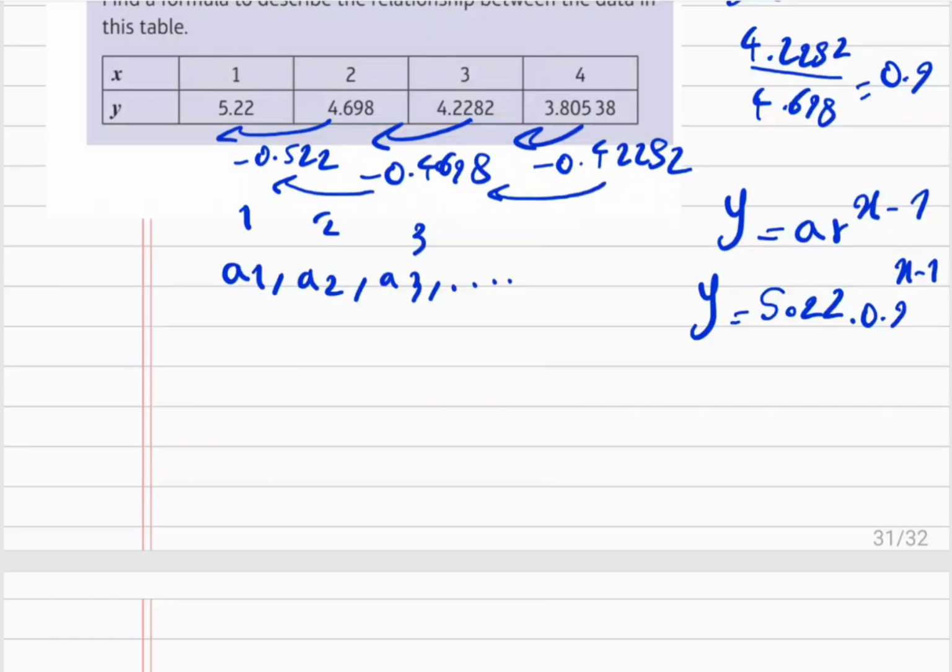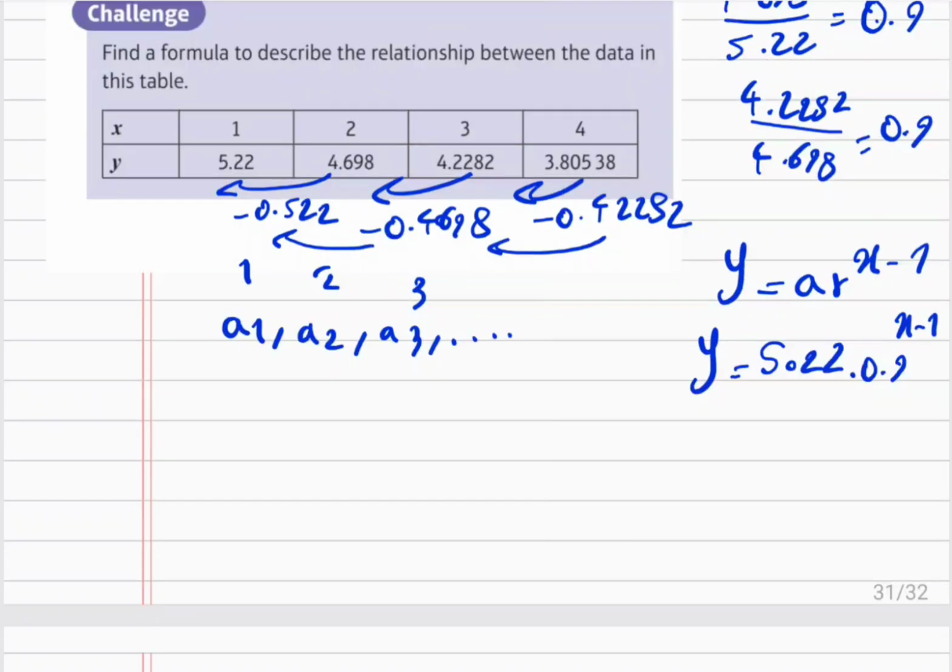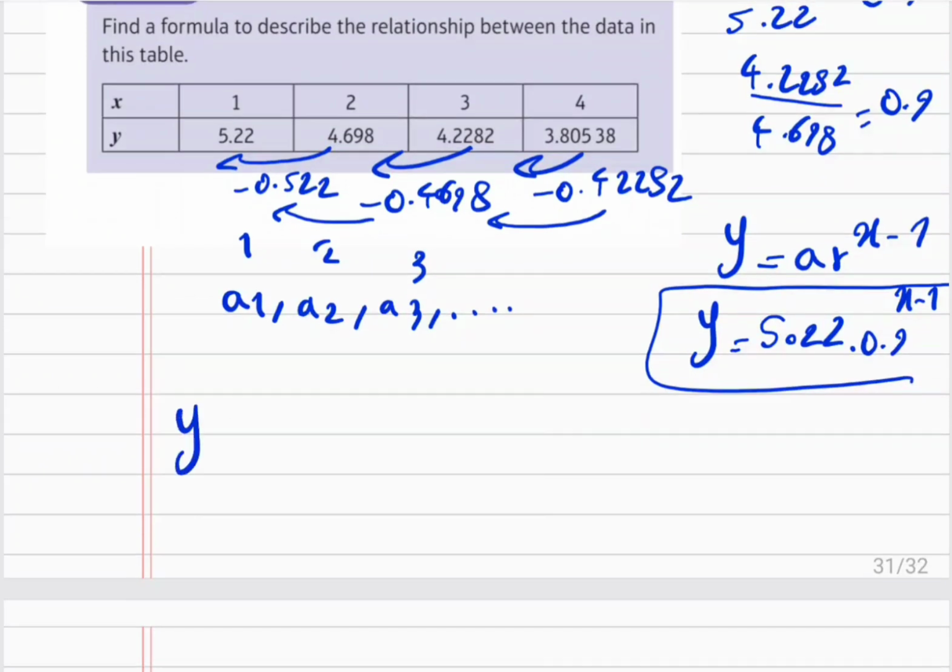Now that we have this, we just need to simplify it a bit, because this is the solution to the equation, but we can simplify it to have it in a nicer form. Because y is equal to 5.22 times, instead of having 0.9 to the power of x minus 1, we can do 0.9 to the power of minus 1 times 0.9 to the power of x.